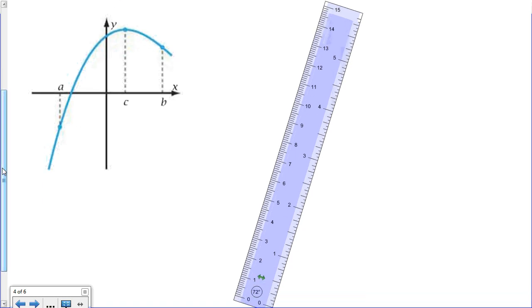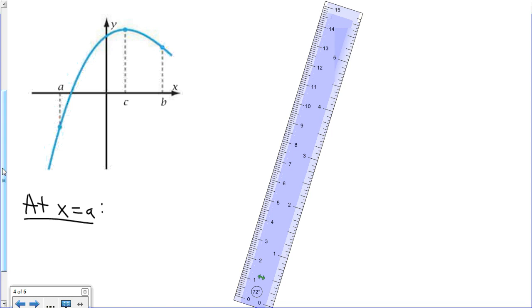So x equals a. As you look at the graph, increasing just simply means as we move from left to right, is the graph going up? Or decreasing means the graph would be going down. So as I move from left to right, I can see that this function is definitely increasing at a. It's on its way up.